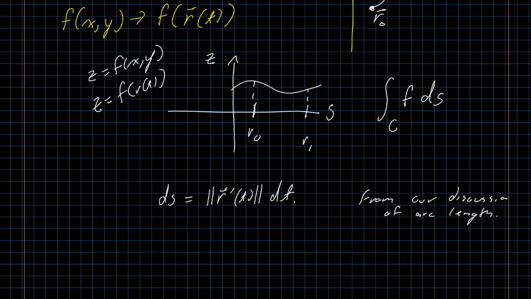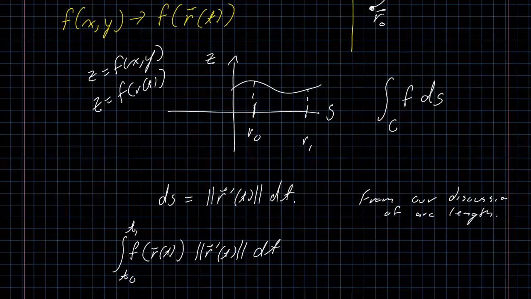And so the integral of f ds is simply going to be the integral of f of r of t times the magnitude of r prime of t times dt. And we'll put in t naught and t1, the times at which you hit those coordinates r naught and r1.